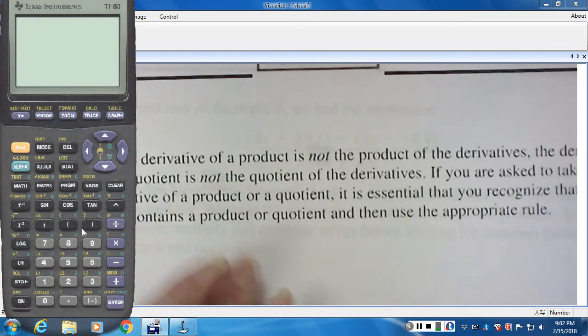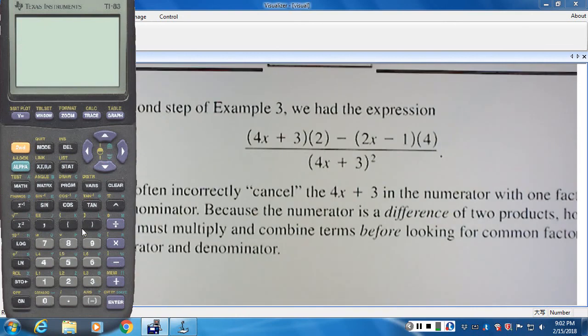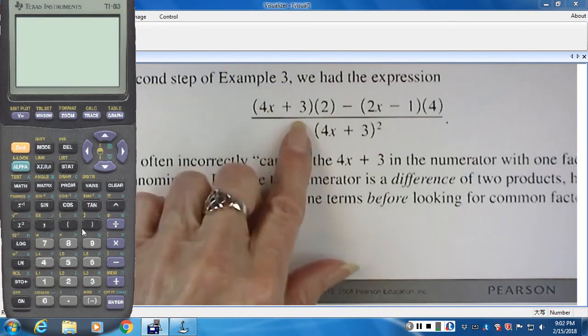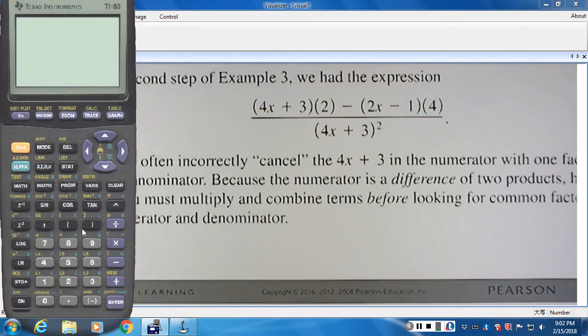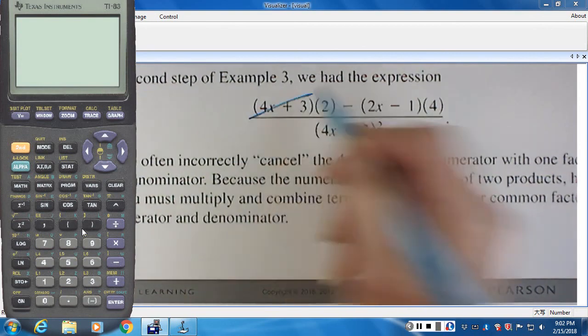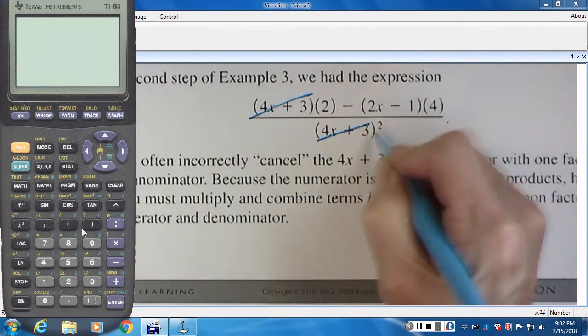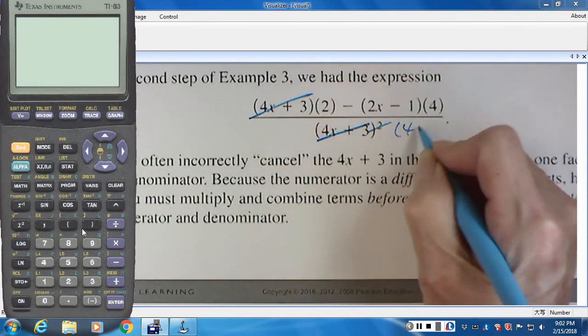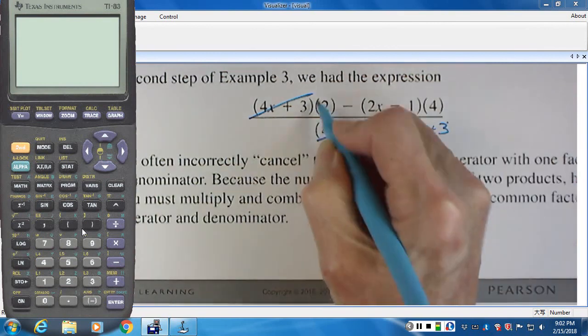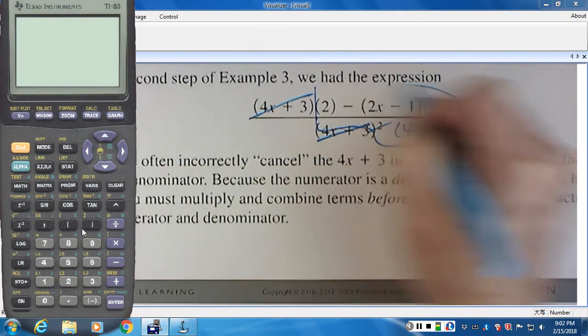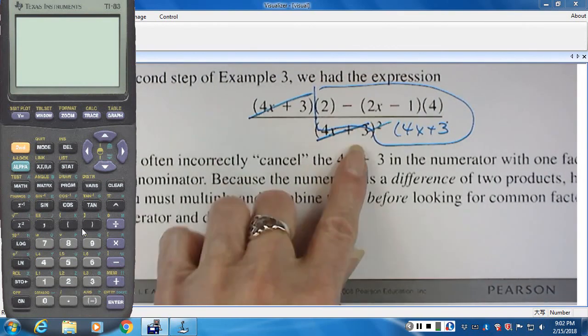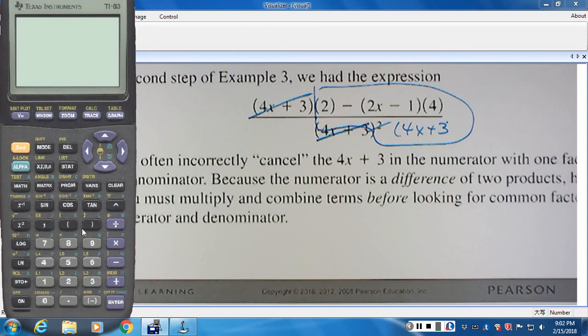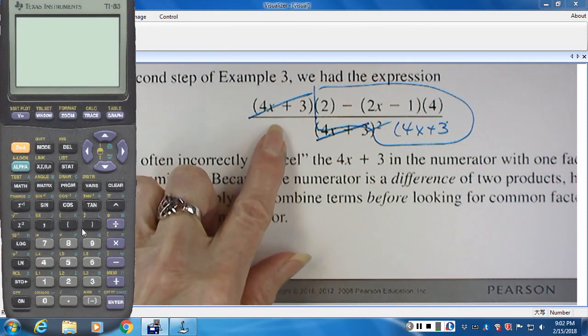That's very important. And just as an example, when we did example 3, you can't do that, because you're canceling into a term, not a product. Be very careful of that. That's something you may have forgotten because you've not done that in a long time. So if you're going to try to simplify, just be aware you can't cancel unless you factor first.